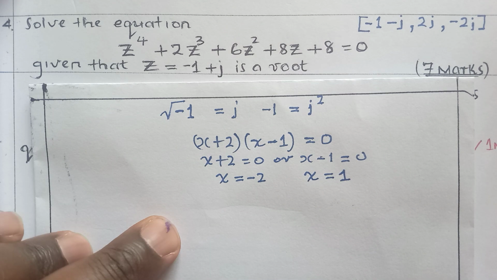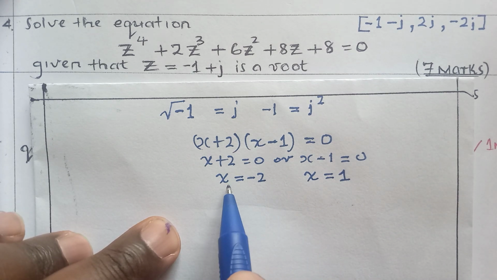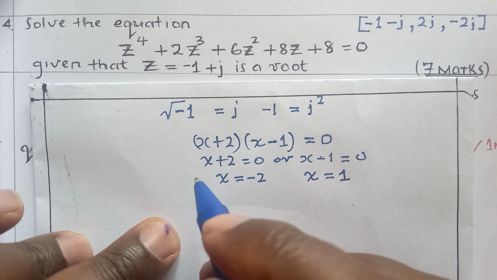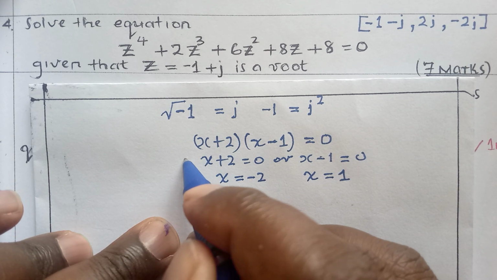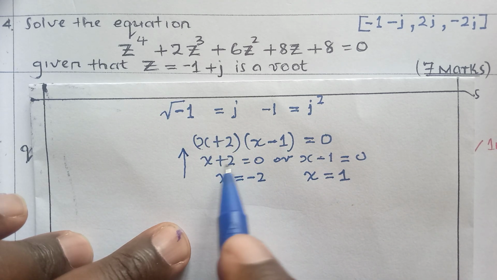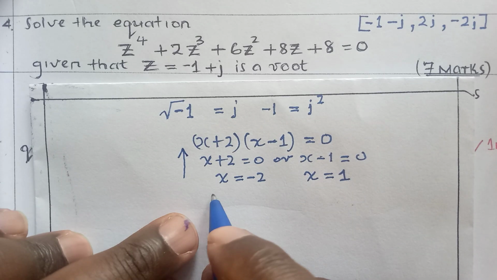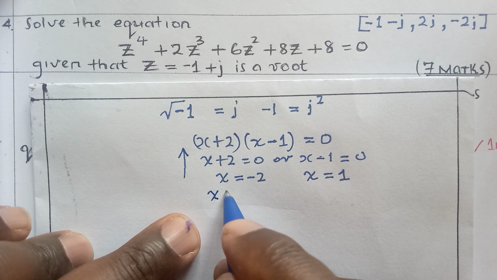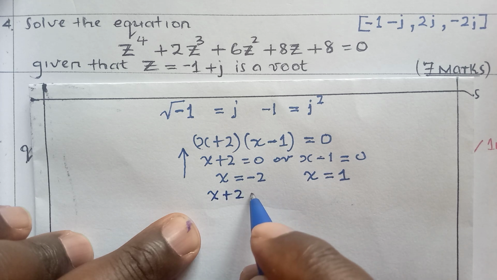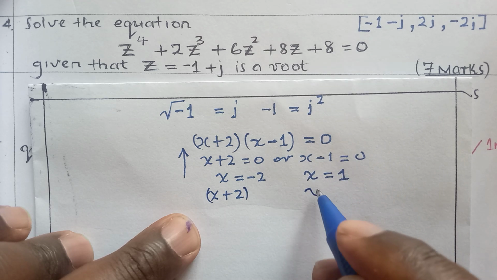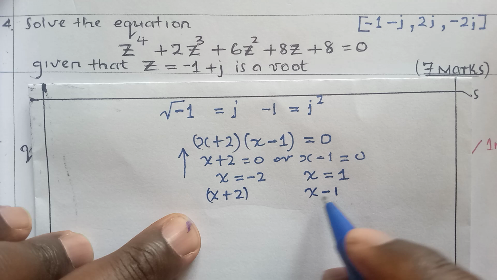Now, guys, if you are given these roots, you can get the factors by going in reverse. This one, you bring it this side, it will become a plus. So having this root, you have a factor of x plus 2 equals 0, and this one is a factor. And this one you do the same: you bring it this side, you get x minus 1.